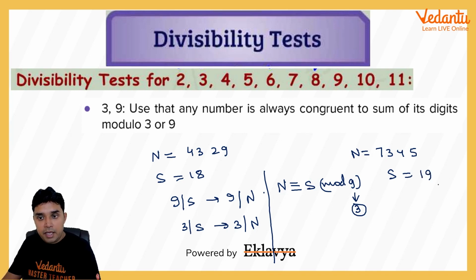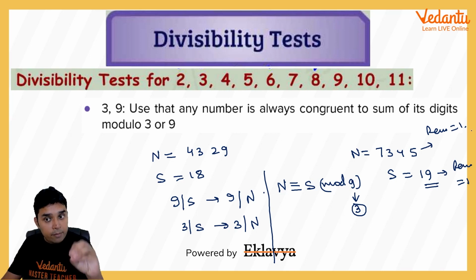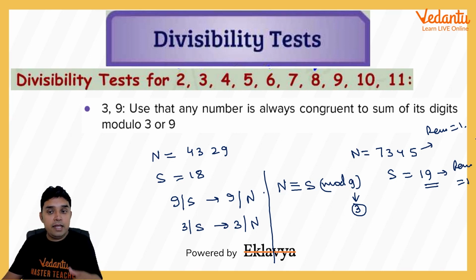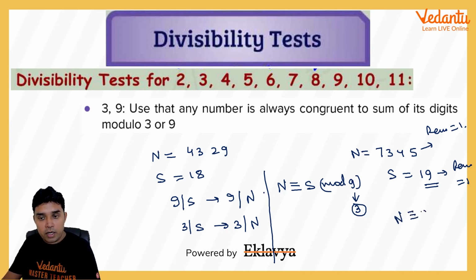If you divide this sum by 9, your remainder comes out to be 1. Then you can check that the remainder here will also be 1 only. So the same will be the remainder if you divide the number or the sum of its digits. That is why I am saying that this number n is congruent to the sum mod 9 or 3. Same goes for 3 also.